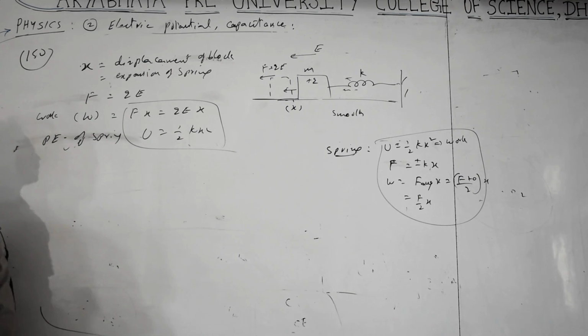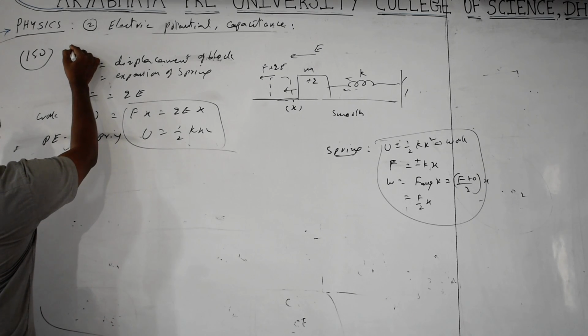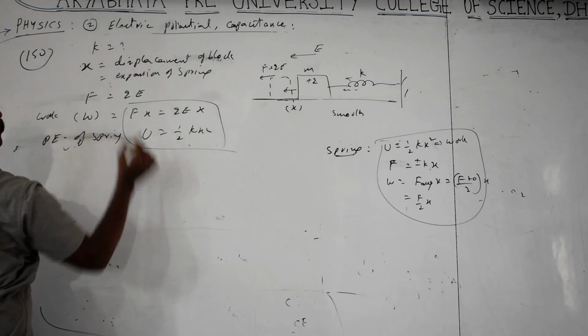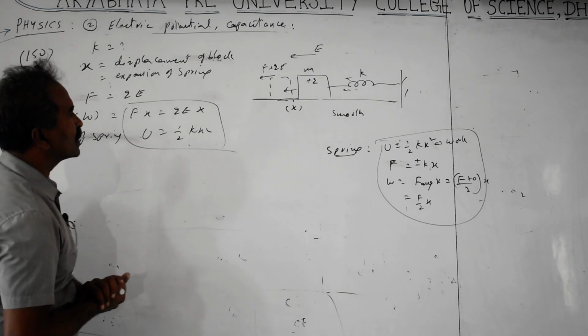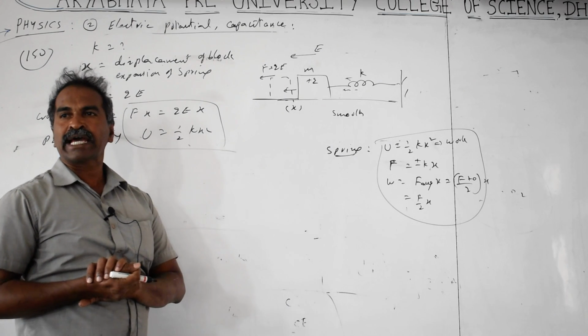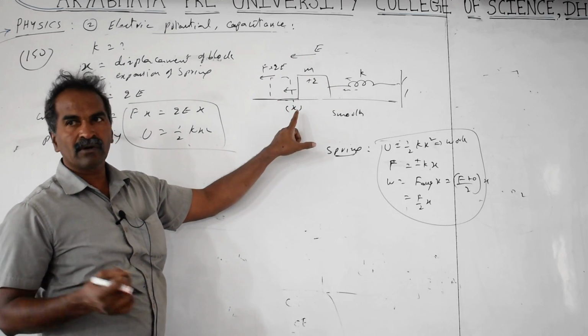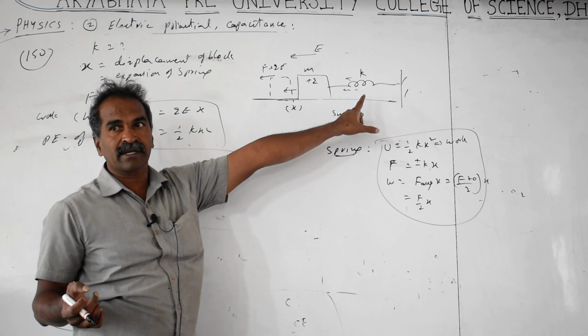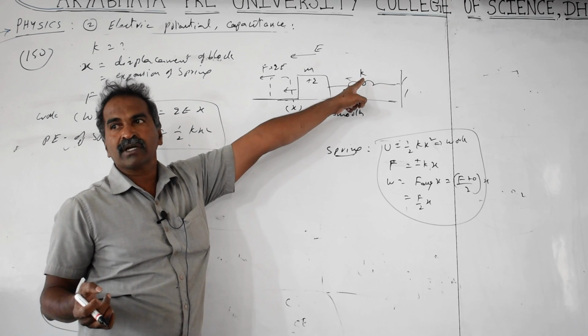You are asked to find out what is the value of k. In the diagram, find k equal to how much. I repeat, I didn't write the question for this. In this problem, they have given the diagram, we are referring to the diagram. What they told is, when electric field is switched on, the block moves by the distance equal to x, expansion of the spring they given as x here. Both are tied, means the same displacement. What is the value of the force constant of the spring?